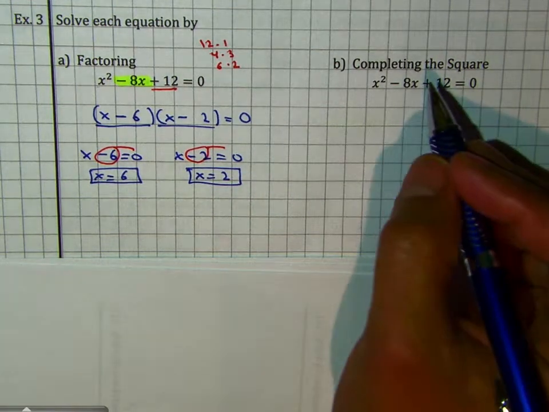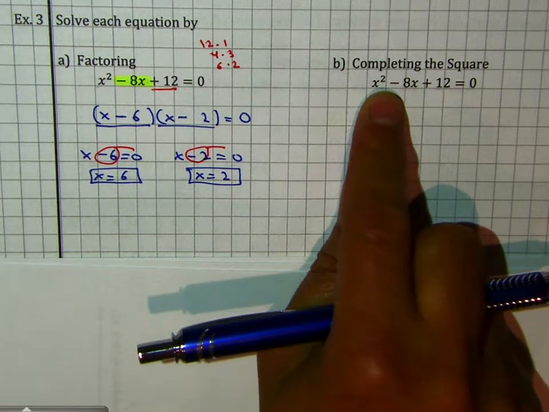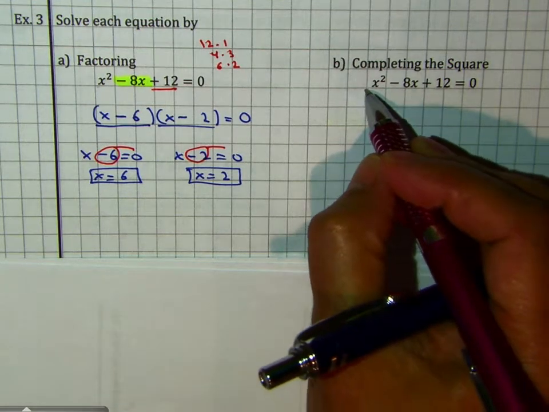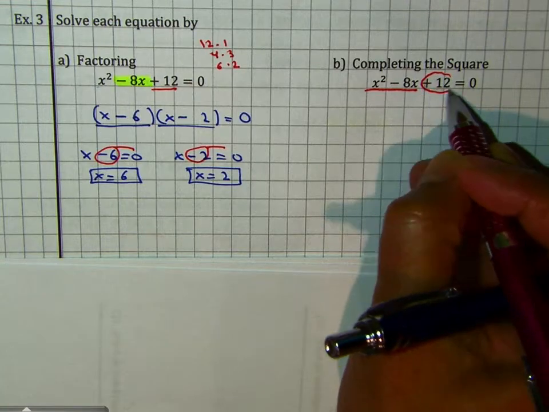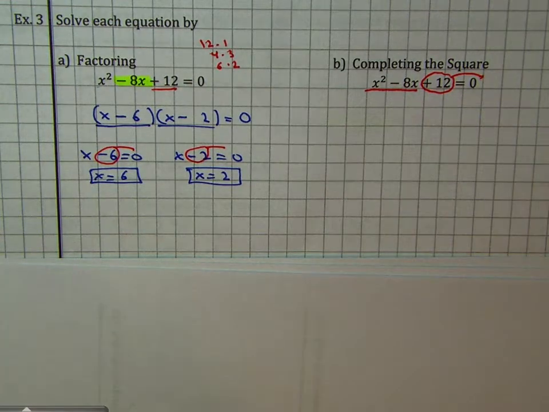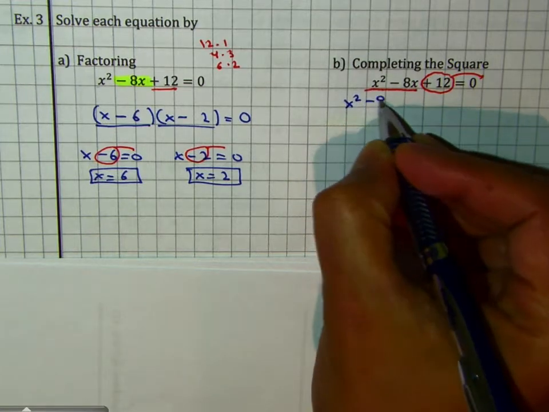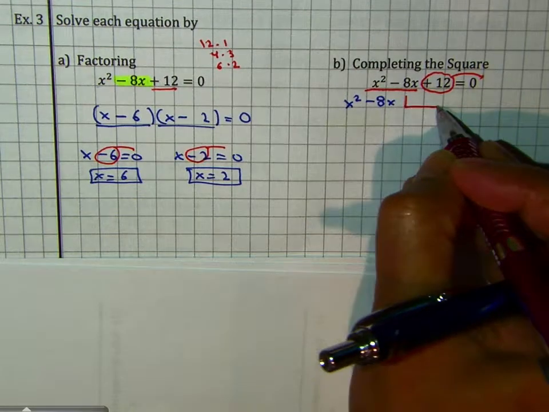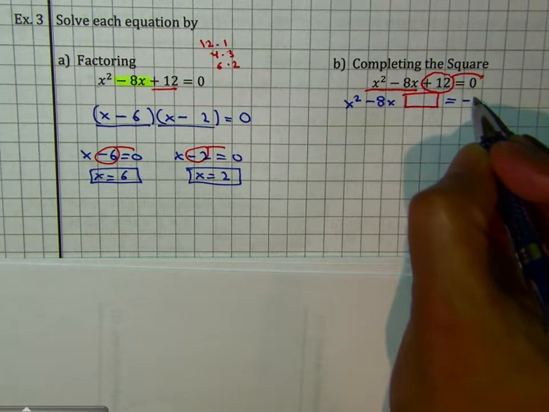Now by completing the square, it's a process. To complete the square, I'm going to leave my x's on the left and move my constant to the right, and I'm going to leave some space for the square. So we have x squared minus 8x, and I'm going to leave some space to complete my square, equals, and that becomes a negative 12.